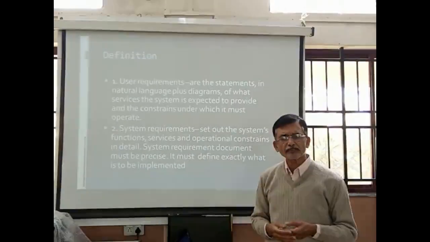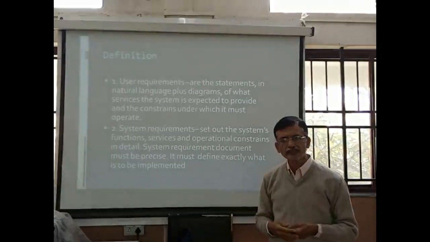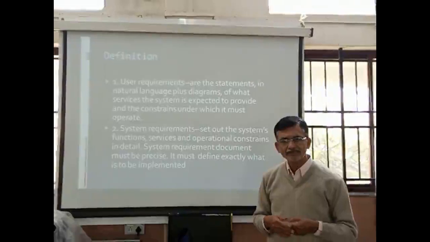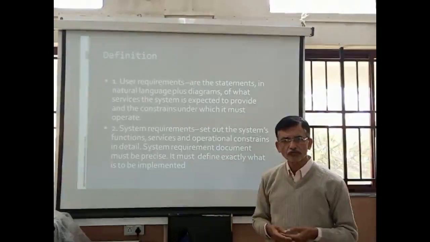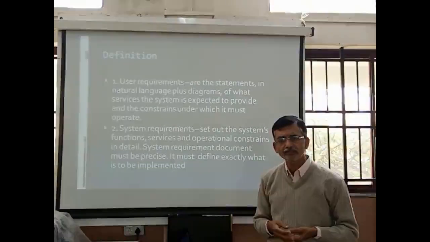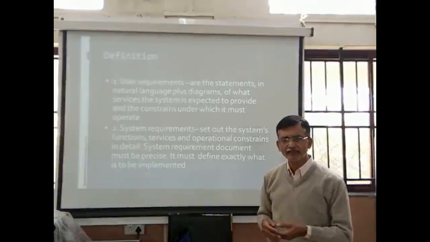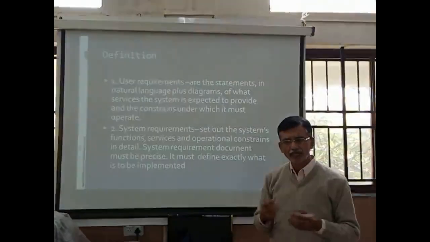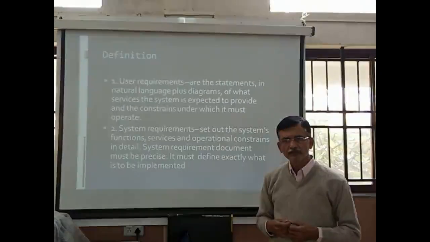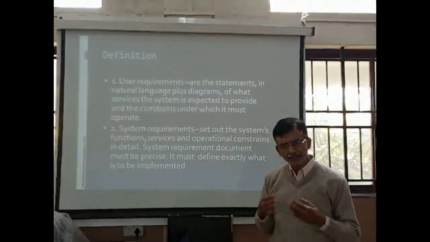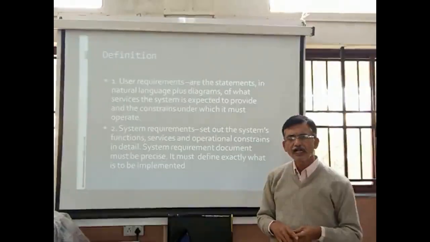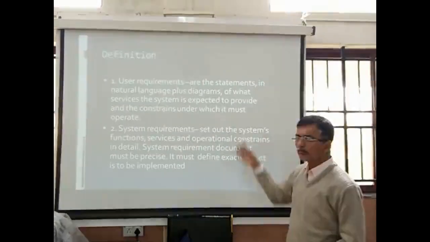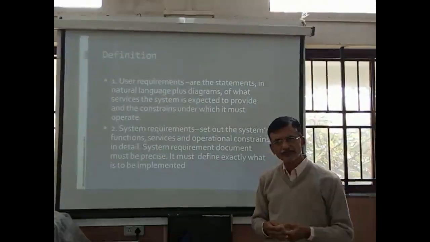The user will specify in his natural language, could be English, could be Marathi, could be Kannada. So he will specify in natural language, not in computer language. He will also give some diagrams of how the services should be available. So the user requirements are given by the user in his own language. Also he may take help of diagrams. So these are the services he expects from the system.